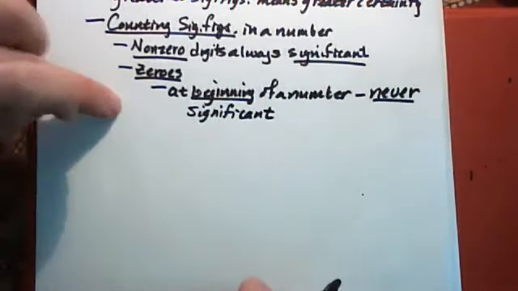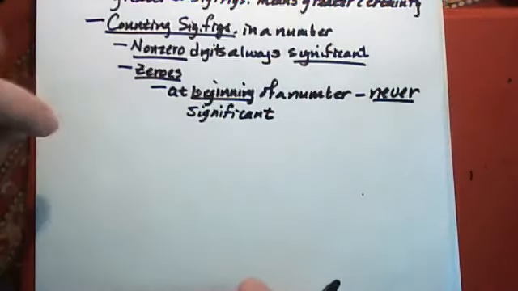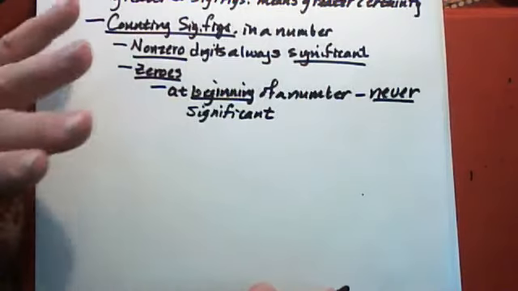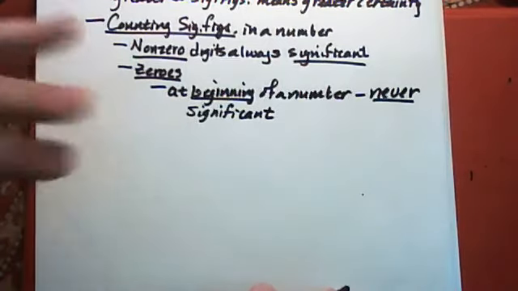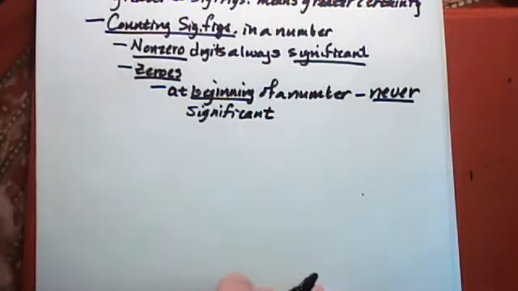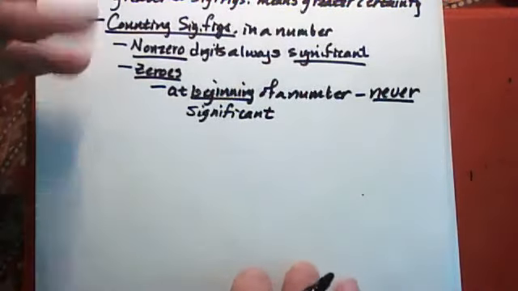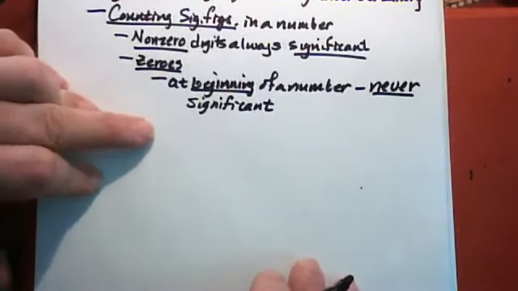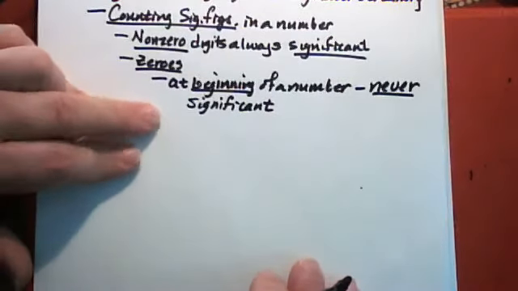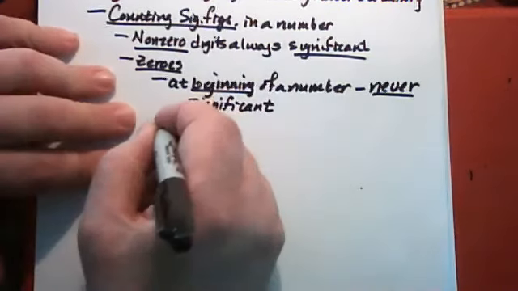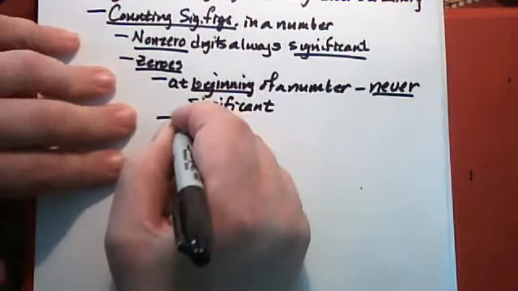They're really just there to show you where the decimal point is. And it's easy to write the same number in different ways, like in scientific notation, without those zeros at the beginning. And you know the number just as accurately, but the zeros aren't there. So those zeros at the beginning of the number, like I said, they're just there to locate the decimal point. And so they're not significant.